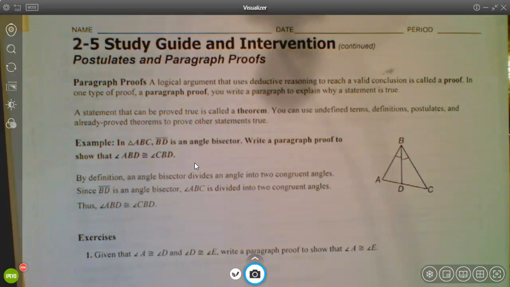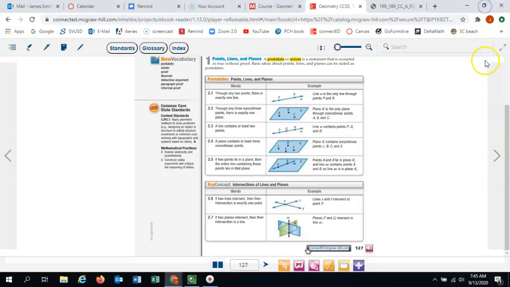A paragraph proof is where you're just doing an informal explanation in your own words of how you know something is true. I wanted you to see something in your book that will help you lay out a paragraph proof. So if you go back to your book, and let me go to the next page. Give it a sec.